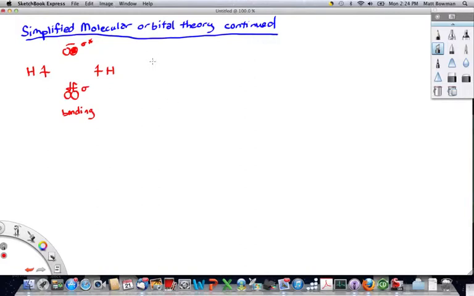In fact, if you take hydrogen gas and you hit it with a cosmic ray, what you can get is H2 plus and a free electron. So essentially, what has happened here: you have your sigma star orbital, which is empty, and you have your sigma orbital, which has 2 electrons on it.